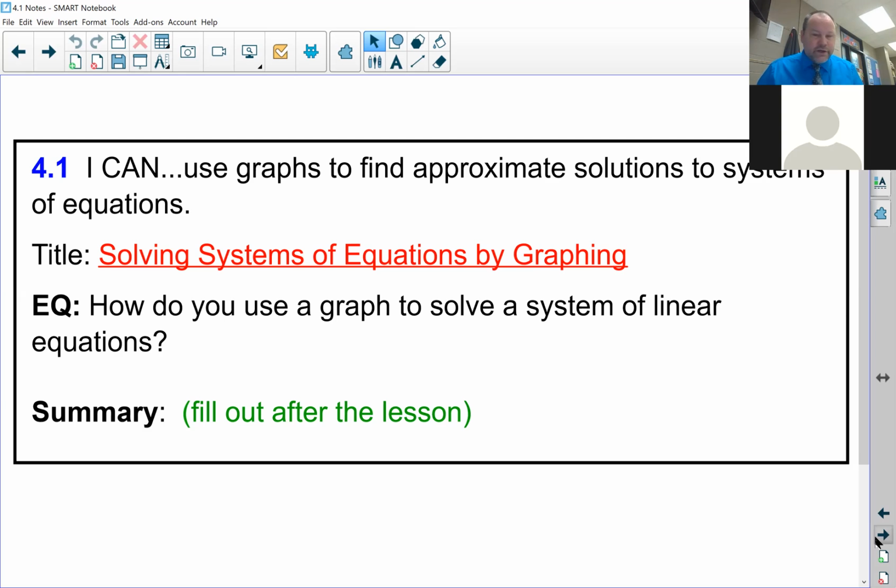And so we're going to start today with one that can be pretty easy. If you're a good grapher, if you graph lines really well, this lesson will go really well for you. If you're struggling with graphing lines, well, this will be a good opportunity to practice.